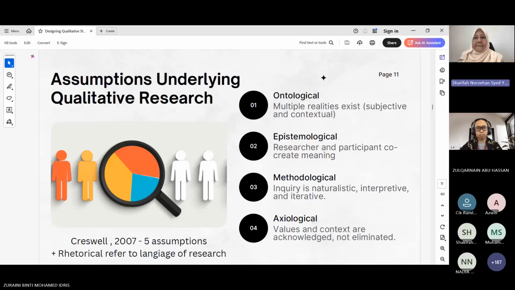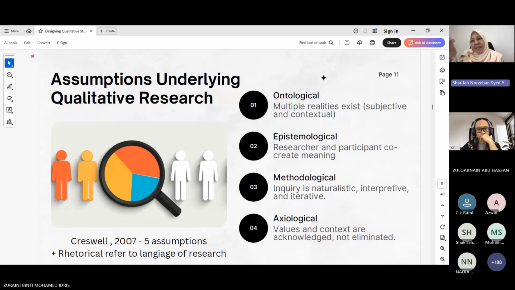Because in reality, when we talk about the concept that I am bringing for this research, it does give several different answers. I may perceive it this way, but the interviewees or participants might think another way. And because of that, I will enrich my knowledge in the area. This is where the concept of epistemological comes into the picture. My knowledge will be enhanced when I interact with my participants.